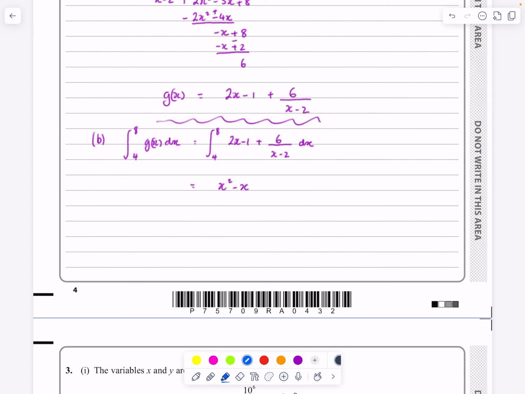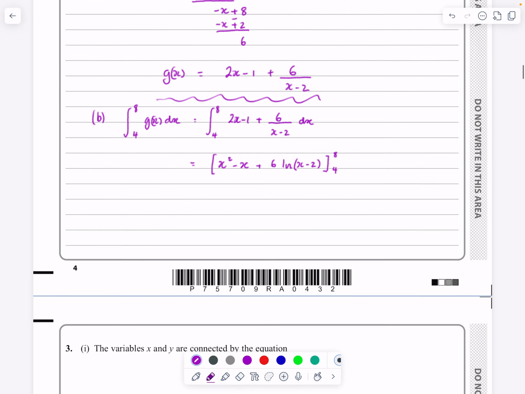And then when we're looking at this function here, the integral of 1 over x is log x. So we're going to get log of x minus 2. But then because of the 6 there, we're going to get 6 log of x minus 2. I would hope that at the stage where you're looking at past papers, that really shouldn't be any issue for you at all.